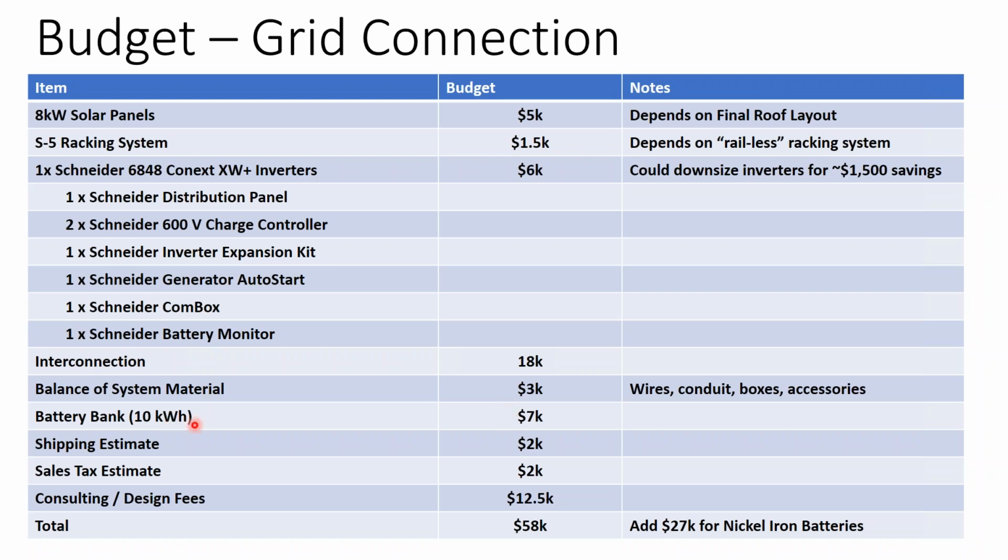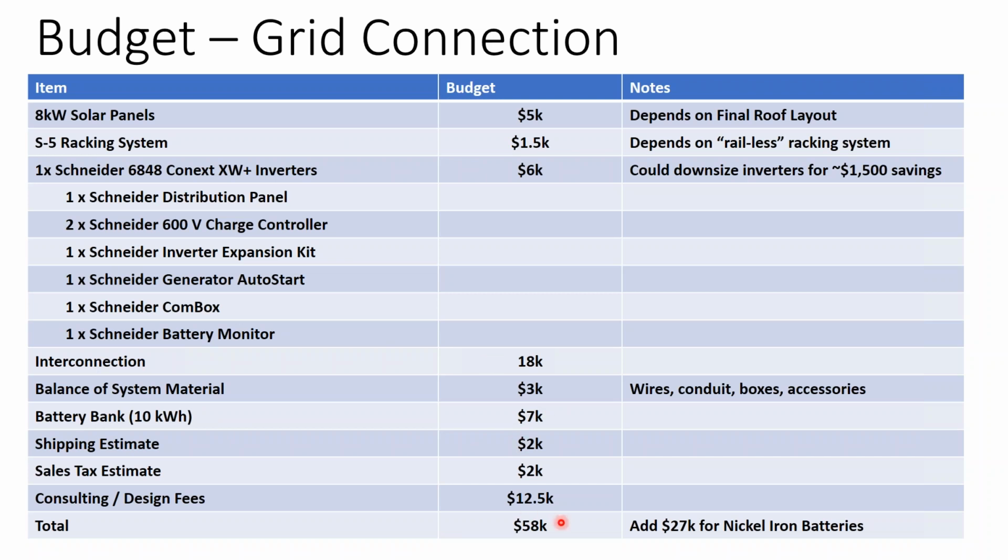Actually, we couldn't do 10 kilowatt hours because this particular battery has a minimum 20 kilowatt hour battery bank size. But the Tesla Powerwall would fit that example. I mean, say we're going to get you a battery inverter, a small battery bank, and just do a smaller project and go ahead and bite the bullet and spend the $18,000 on the grid interconnection fee.